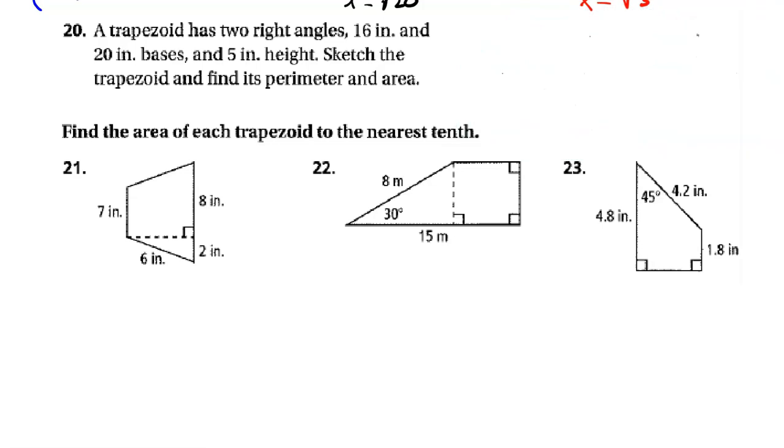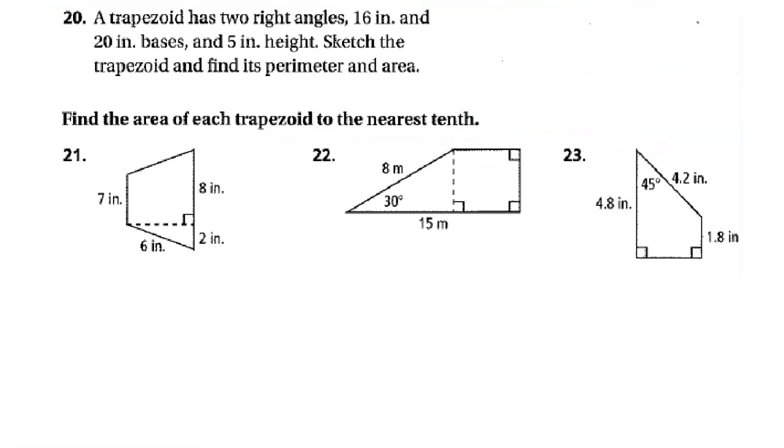So let's get rid of this. And number 20. Trapezoid has 2 right angles. So that means it must look like this.